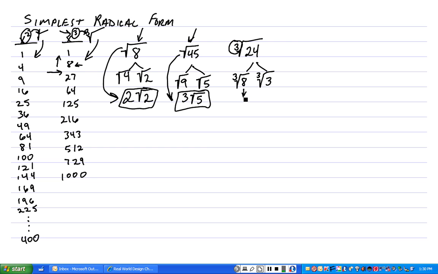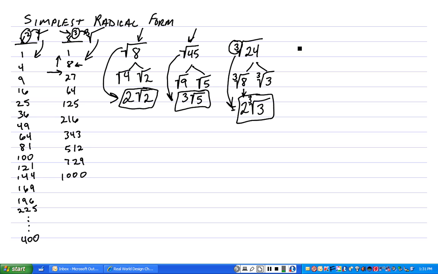And cube root of 8 is 2, because 2 times 2 is 4 times a third 2 is 8. 3 is not a perfect cube, so we leave it. There you go. So your answer is 2 cube root 3. If you simplify this, that would be your answer.